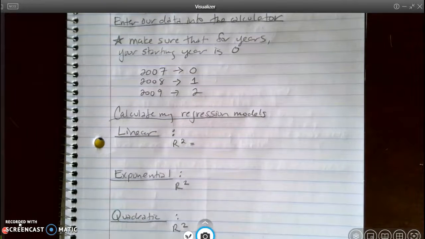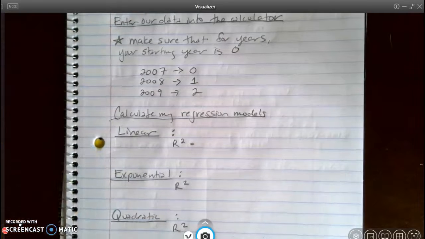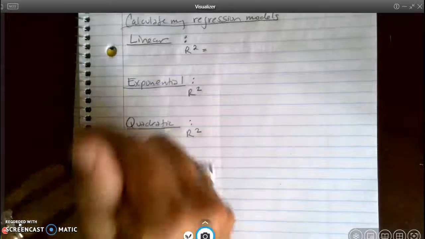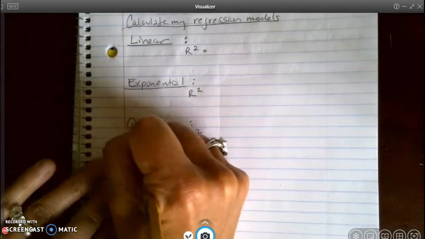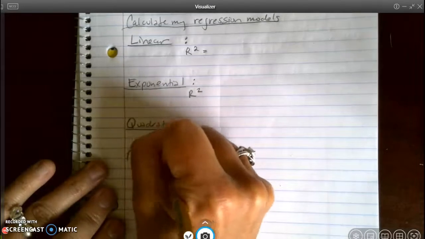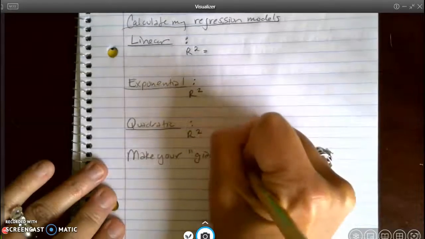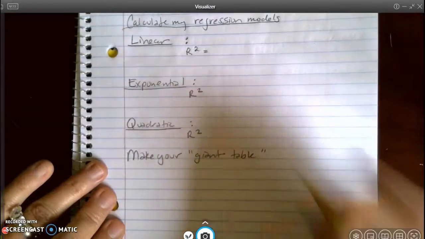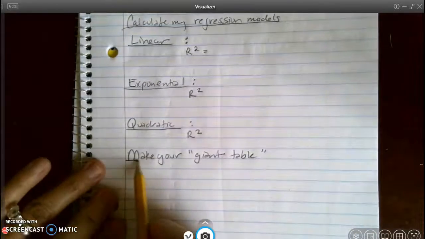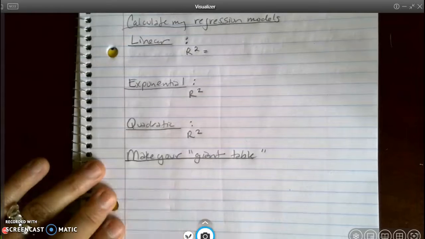The third part of this video, after you've entered your data, found your regression models, the third thing you're going to want to do is make your, and I'm going to call it your giant table. Okay? Make your giant table.